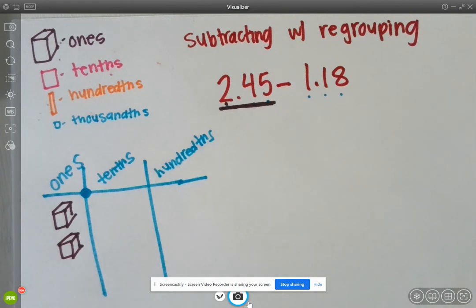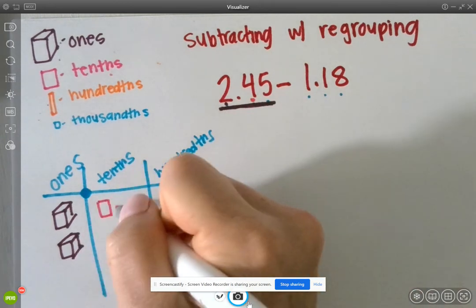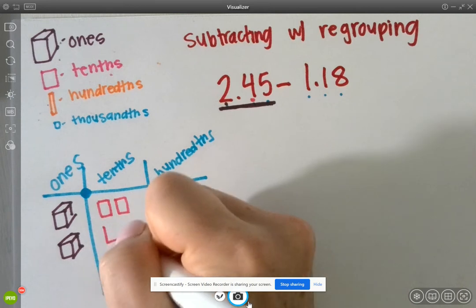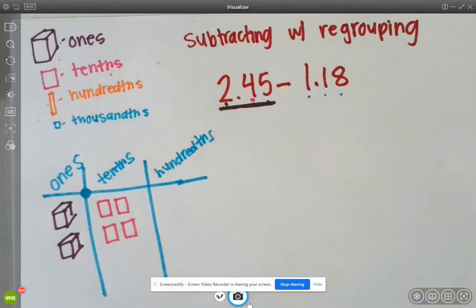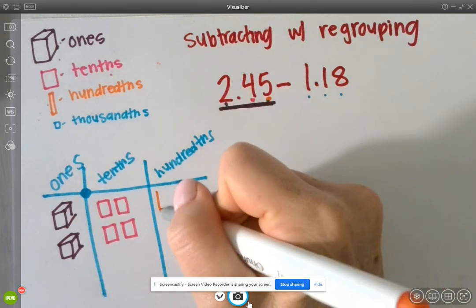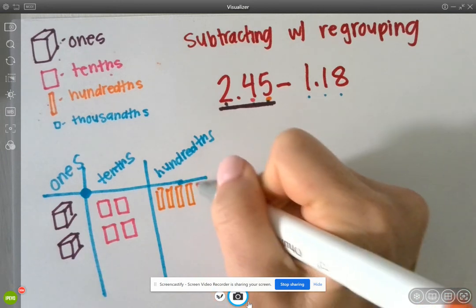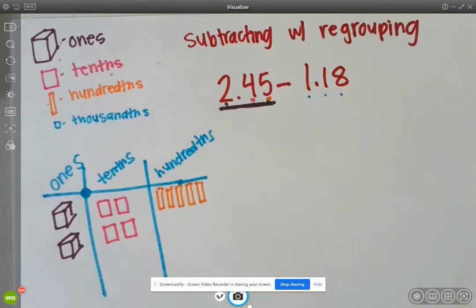I have 4 tenths, as I can see right here, 4 tenths. And I have 5 hundredths. Okay, so now as my base 10 blocks, I have 2 and 45 hundredths.